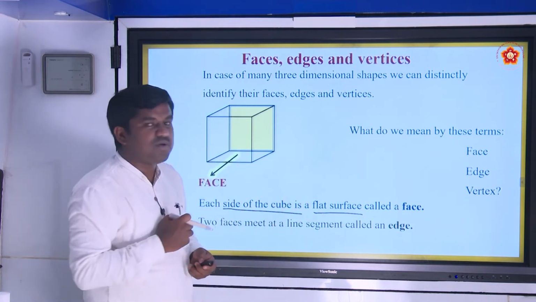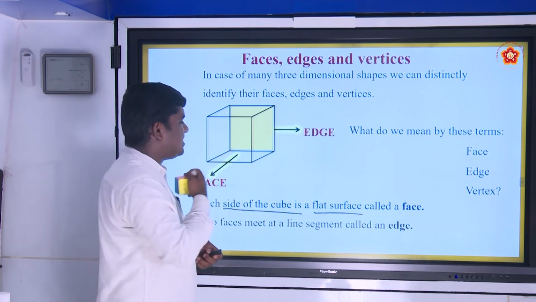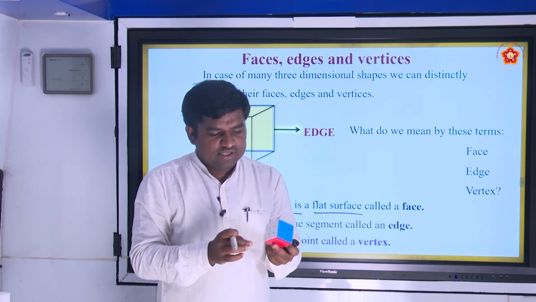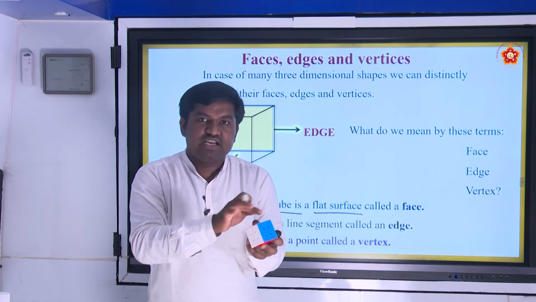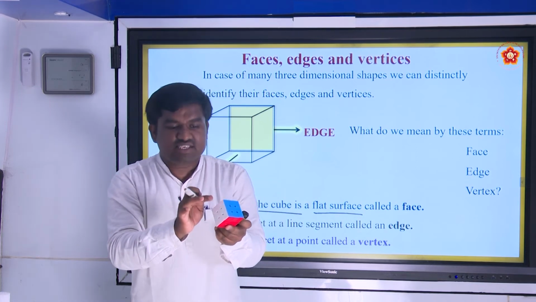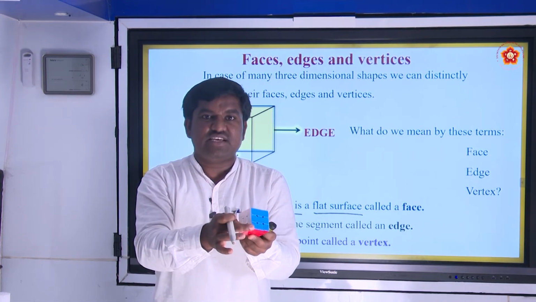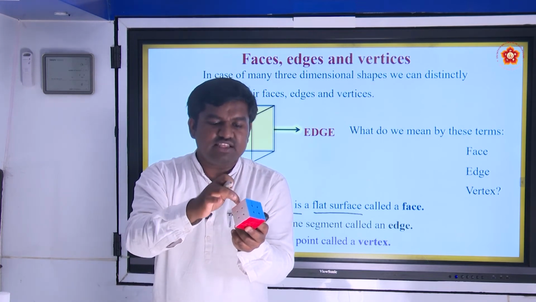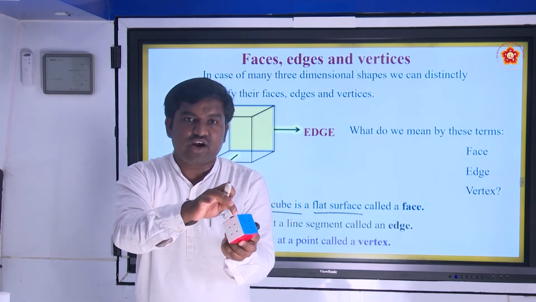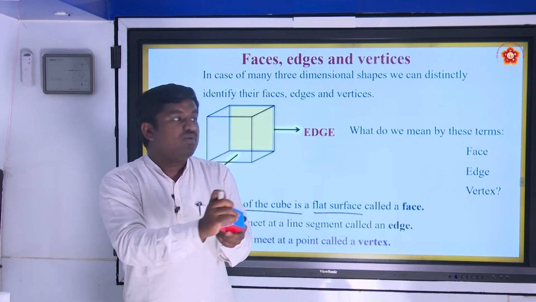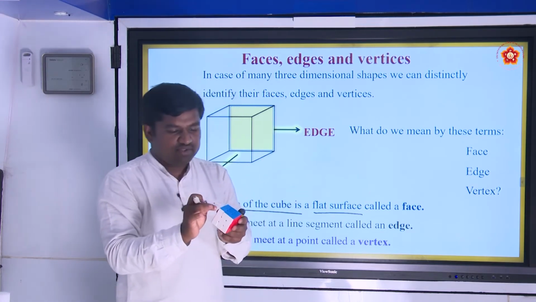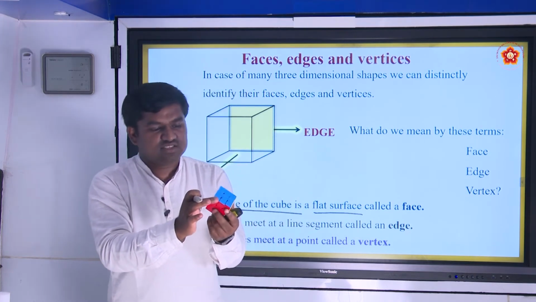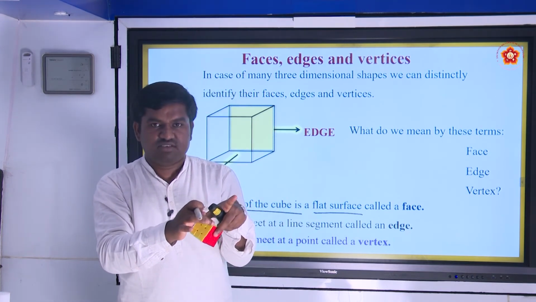Next, what do you mean by vertex? This is an edge, this is an edge and this is an edge. Three edges meeting at a point. All three edges meeting at this point is called a vertex. This is the vertex. This one is also a vertex.